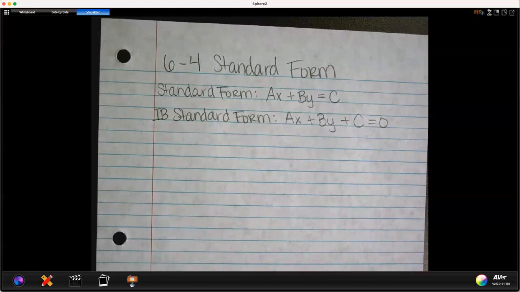So the only difference between a normal standard form and IB standard form is that it is equal to 0 and that C is on the side with everything else.